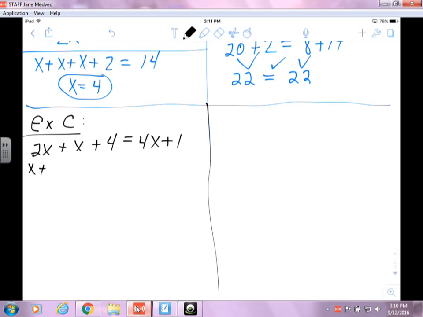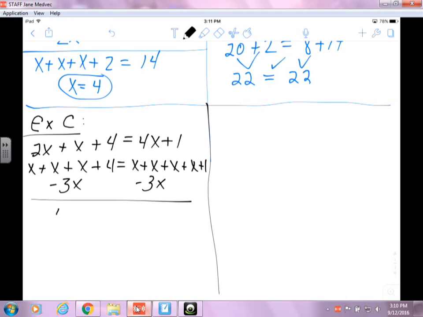I'm going to expand it like I did in lesson 2. I'm going to take away 3x from each side. I end up with 4 equaling x plus 1.